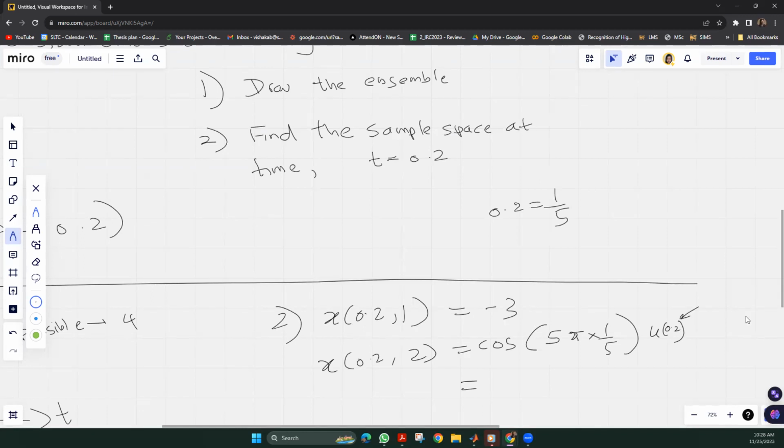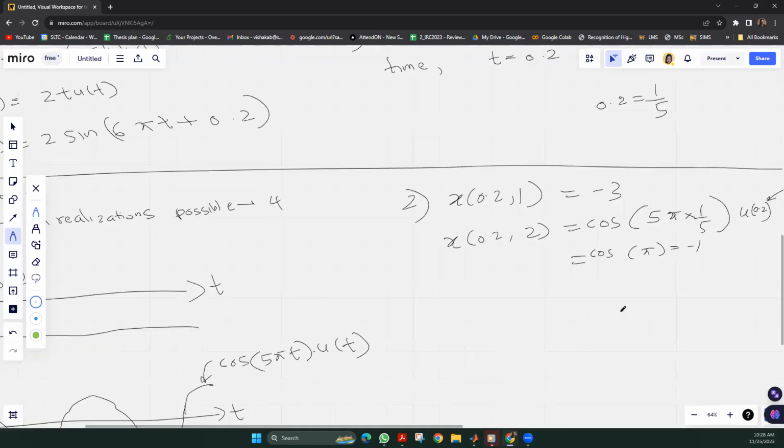Whatever the value of time, the u(t) value will remain as 1. Because of that, the remaining will be cos pi, which is equal to -1. Thirdly, x(0.2, 3) is equal to 2 into 0.2 into u(0.2), where this value is 1. So the final value will be 0.4.